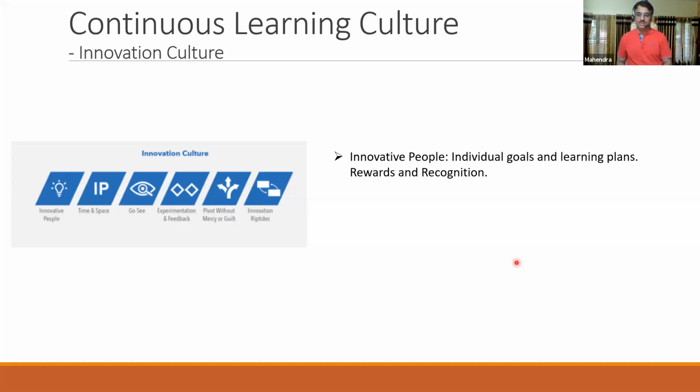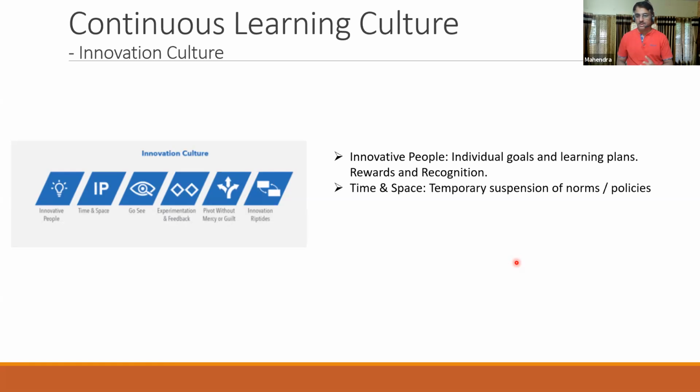It doesn't suffice. It is just clerical work that my calendar is blocked for 1 hour. We'll have to have that culture of learning, and the rewards and recognition also have to be framed in such a way that people start innovating.